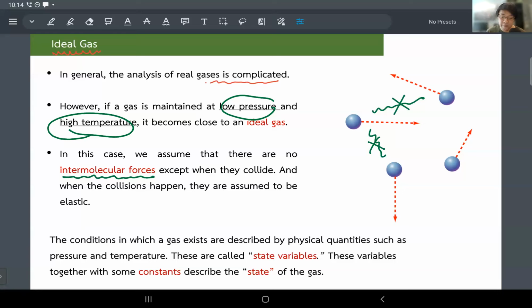However, we still allow these molecules or atoms to collide with each other, and that's no big deal. Collision is fine, as long as you assume it is an elastic collision, so it doesn't take away any energy; you don't lose any energy during the collision. This is perfect.